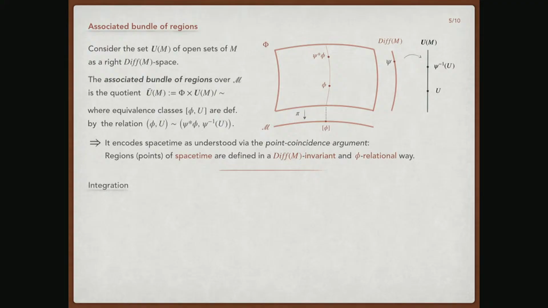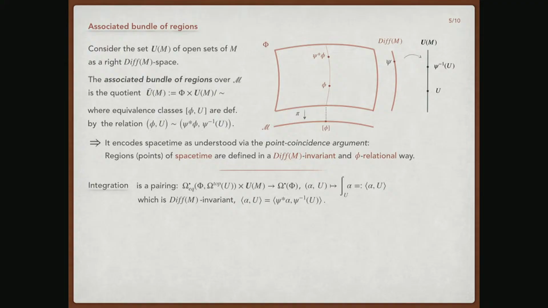So, how would you understand integration in such a context? You would say that integration is just a pairing between two objects, a region, so an element in that space, and some form on field space that is also a differential form on the region, so that I can simply integrate that form on the region, and I will denote it like this.